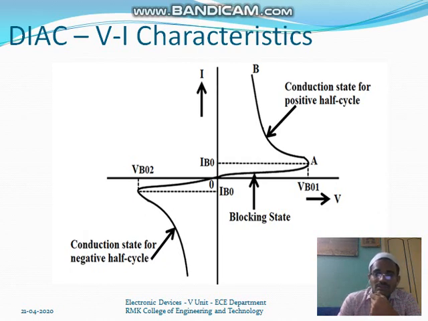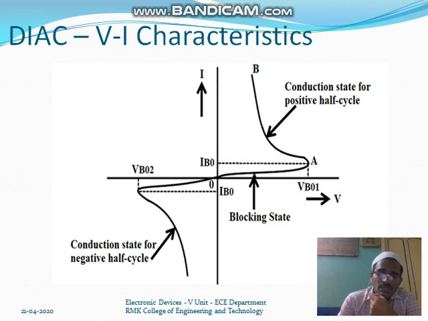So this is the curve showing the first quadrant of the VI characteristic curve. The conduction takes place in the positive half cycle after a certain threshold voltage, or the breakdown voltage.